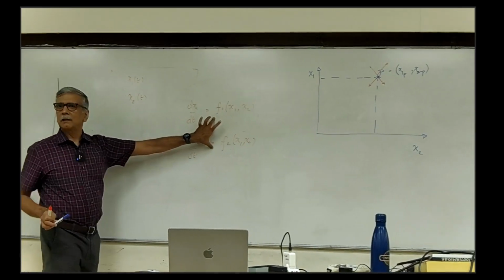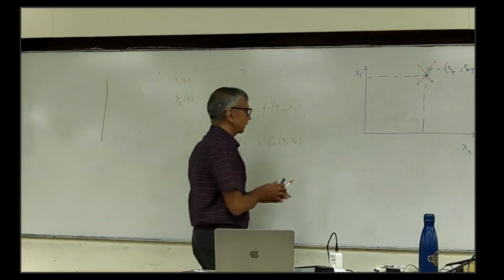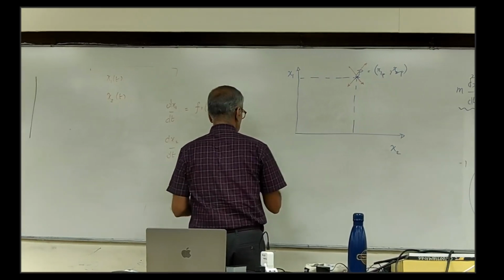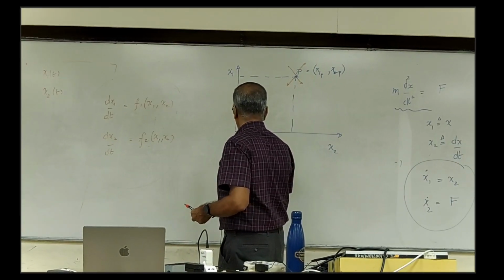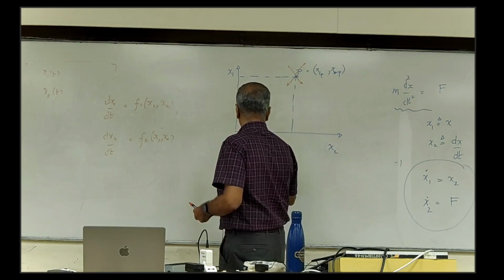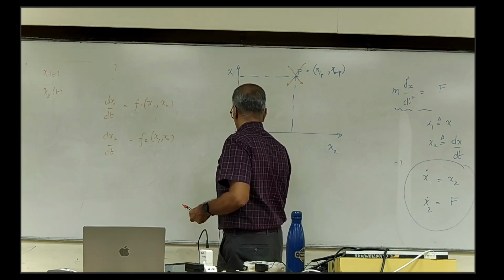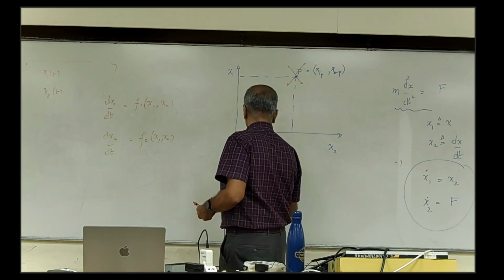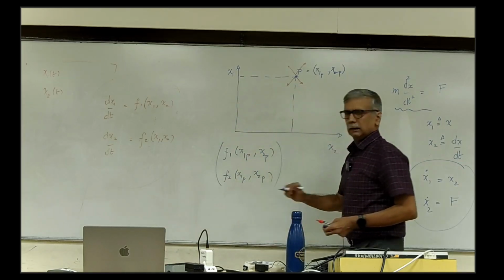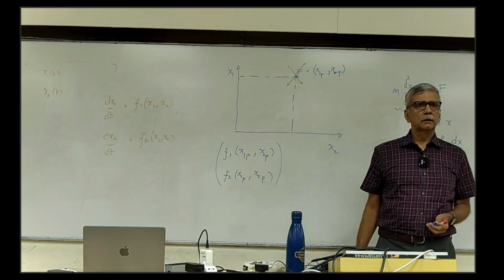That's given by the right-hand side. What is the right-hand side? At this point, it will be F1, F2. This is a 2 by 1 vector.